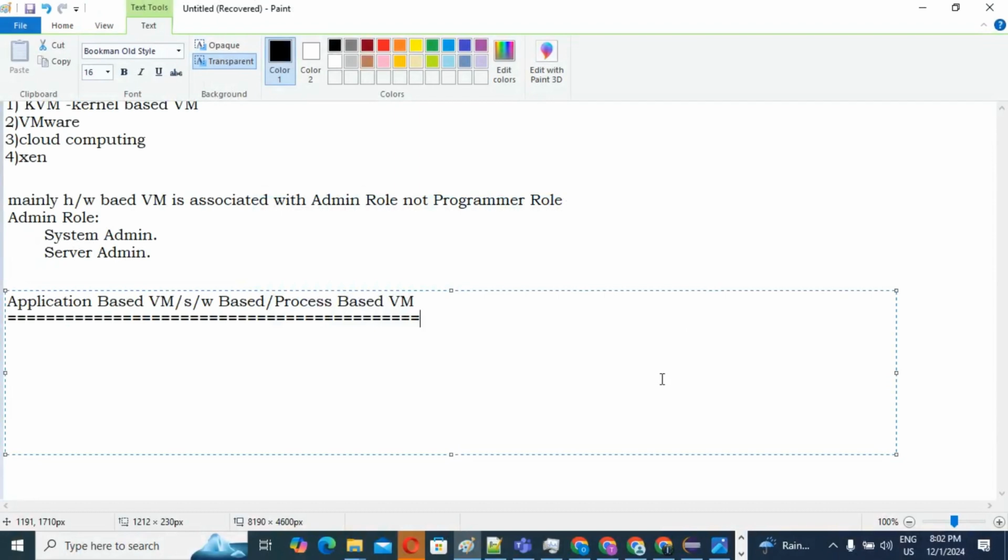So what is the application based or process based virtual machine? This deals with the programmer. It is associated with the programmer role, not with the admin role. This application based virtual machine is always associated with the programmer.